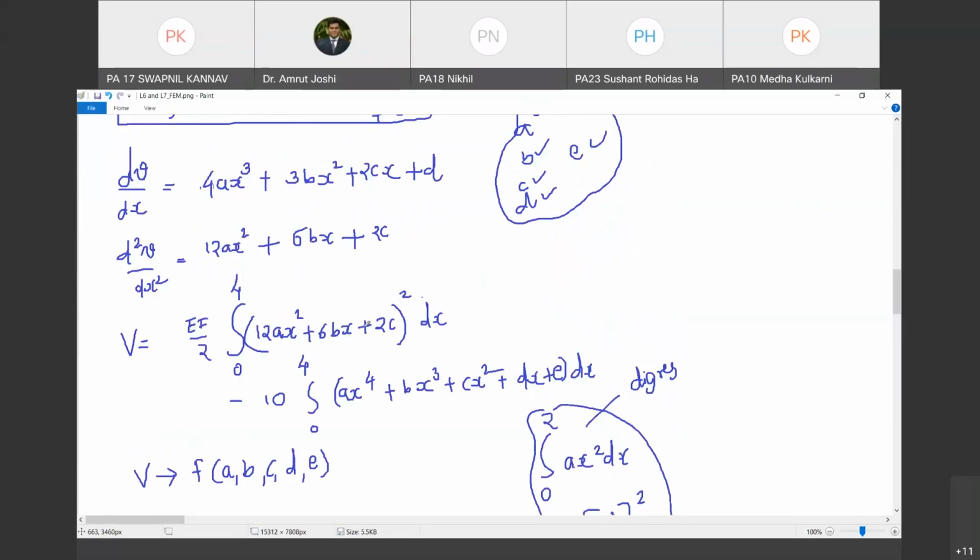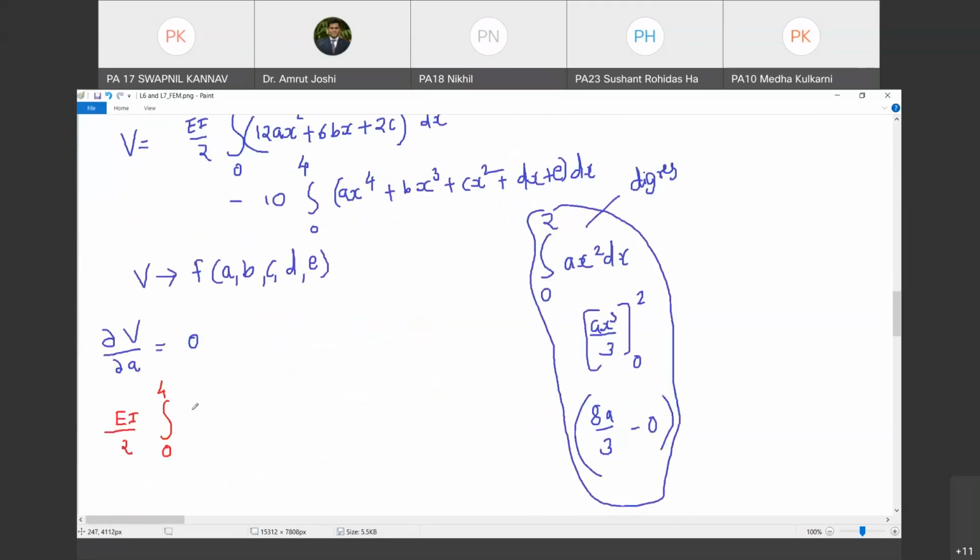I am now going to apply a chain rule. So if I apply chain rule, I will have this as 2 into 12ax square, plus 6bx plus 2c. This is the chain rule applied to the integrand. And then I have to take the differentiation of this quantity with reference to a.